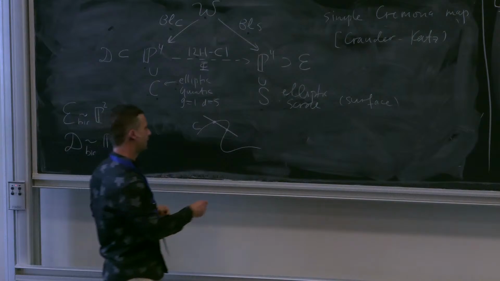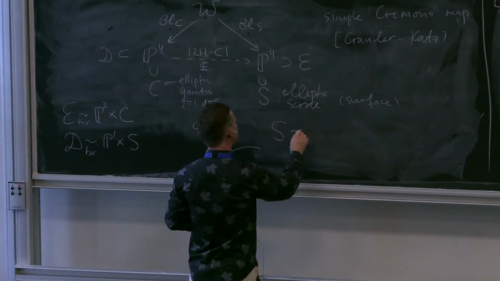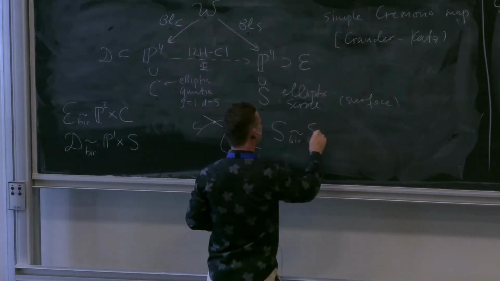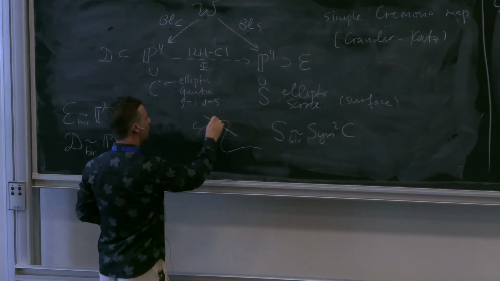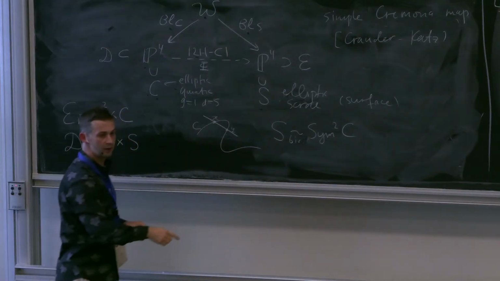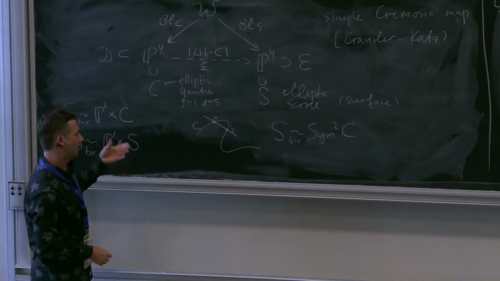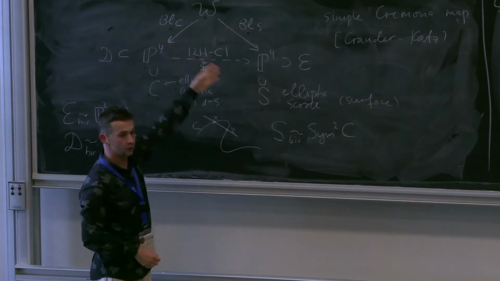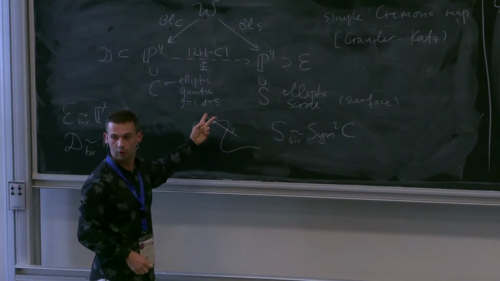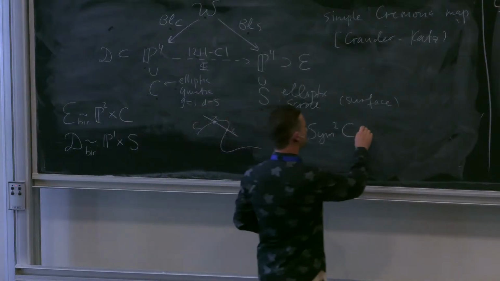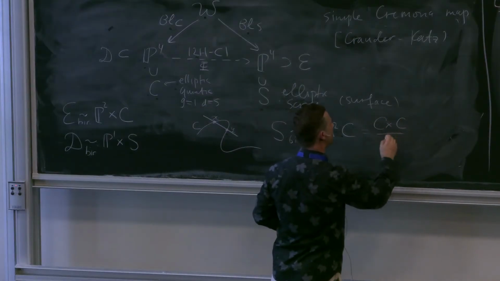What I'm saying is that the surface S is birational to the symmetric square of the curve C, because you have to choose 2 points, X and Y, which make a unique secant line, and I'm describing the base of the contraction. The base of the contraction is choosing 2 points, an unordered set of points on the curve. So this means C cross C modulo the diagonal action. Right?